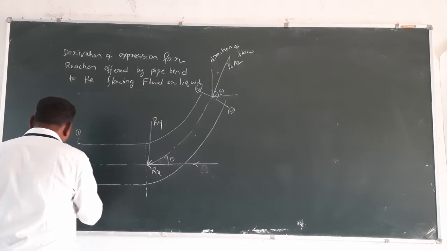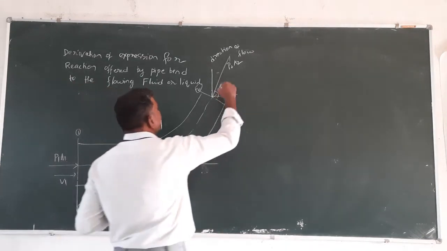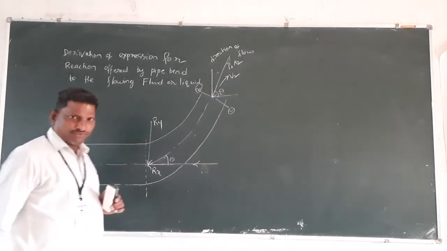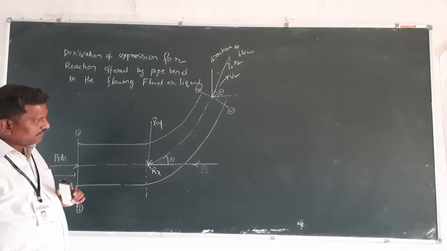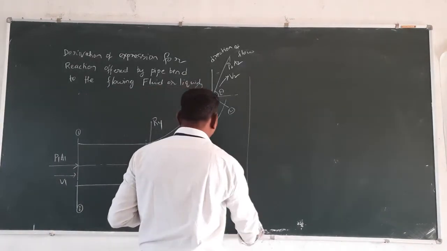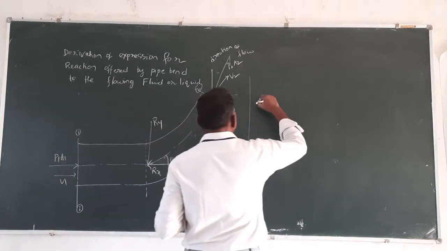Fluid is entering at velocity v1 and leaving at a velocity v2. Okay, so here we have to resolve the two components. What is this?